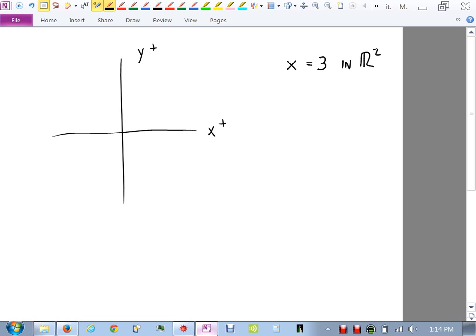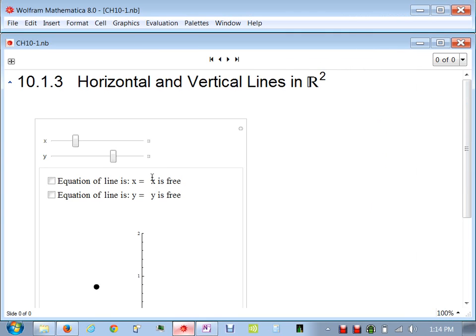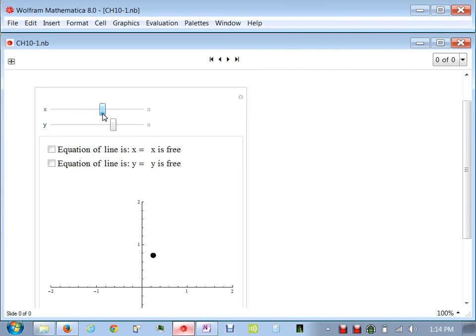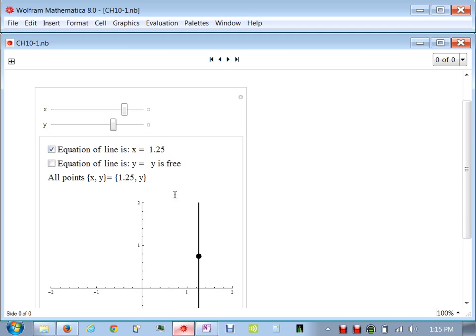But in R2, when we write x equals 3, we no longer have a point. What do we have? A vertical line. It's every point with an x value of 3. Well, I can't go out to 3, but here we go. See, that's the equation, x equals 1.25. That's what you get geometrically. You get a vertical line.